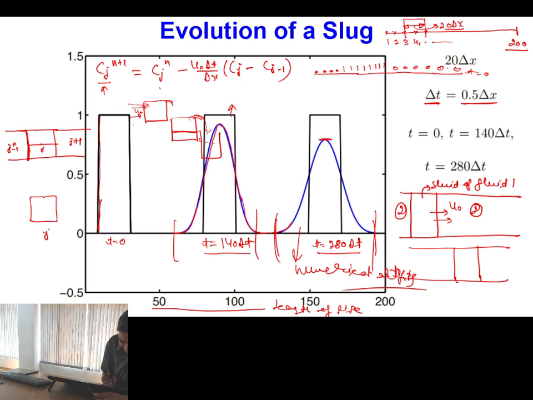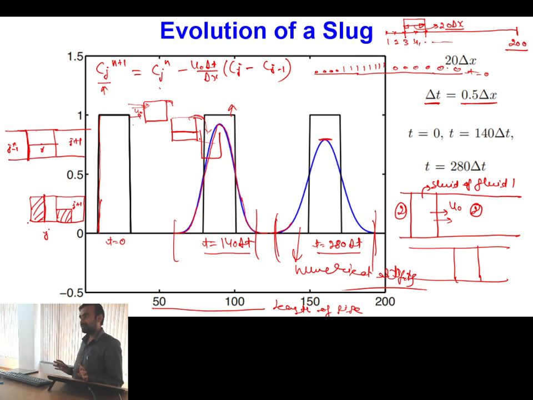In cell j, the interface has reached like this, and in j plus 1 it has gone up to this. Is this point clear? Are you getting my point?